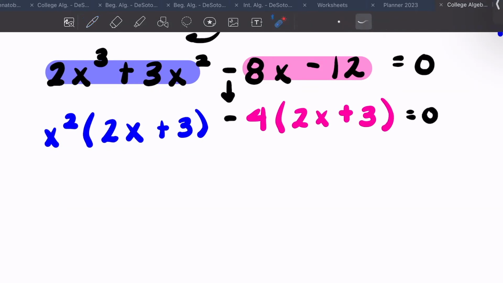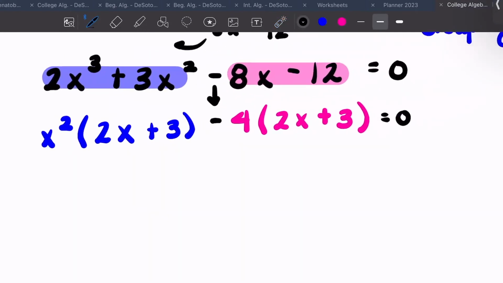And I got plus 3 because I'm distributing a negative 4, right? So negative 4 times 2x is negative 8x. And then negative 4 times positive 3 is negative 12. Okay, so you just have to make sure you're distributing this 4 back through to get what's in the middle, right? Okay, so I have the same thing inside my parentheses. That's good. That's what I want.